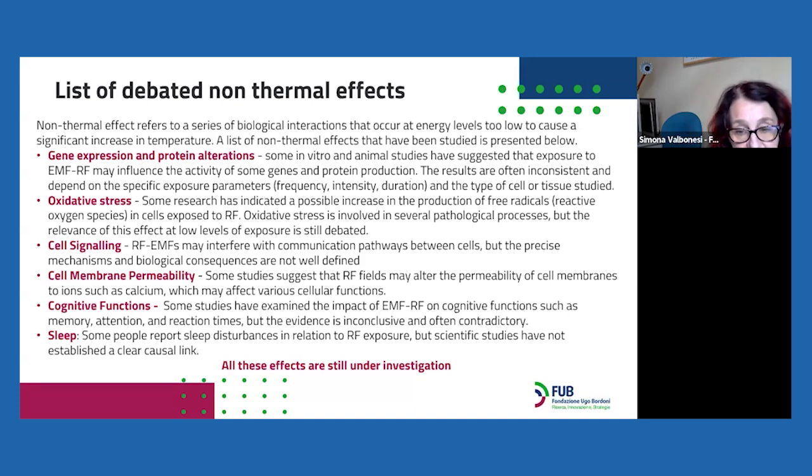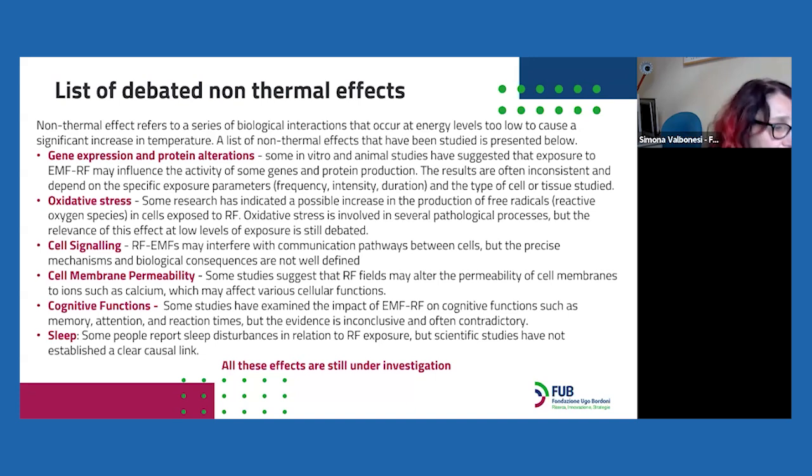For example, cancer, neurodegenerative disease, cardiovascular issues, and so on. Oxidative stress has been studied, but studies are often contradictory, and the relevance of this effect at low levels of exposure is still debated.